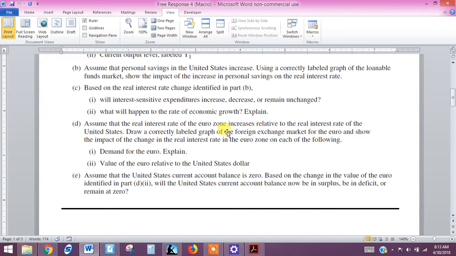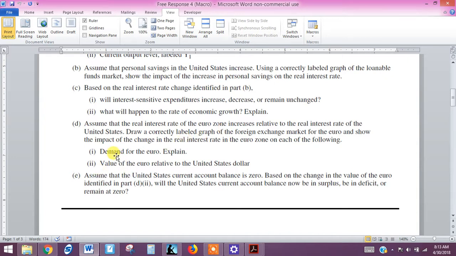Actually, the term financial investments is in the answer that I'm reading over here. Financial investors are going to take their dollars, buy euros, and invest in the Eurozone because the real interest rate for financial investments is higher.